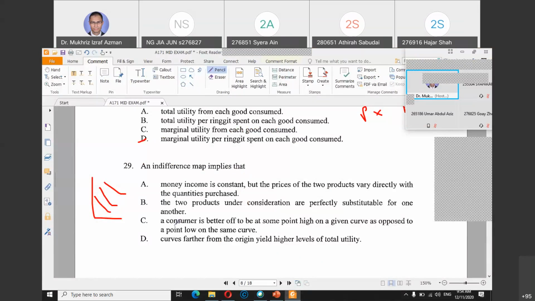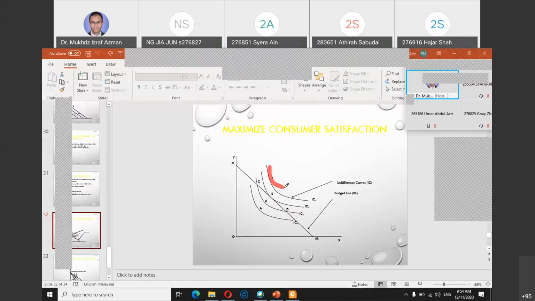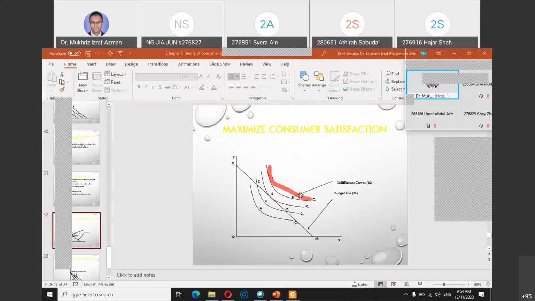So the answer should be D. Curves further from the origin yield a higher level of utility. If you look at this indifference curve, this one is better than the one below, because the further you are to the right, away from the origin, the higher your total utility.